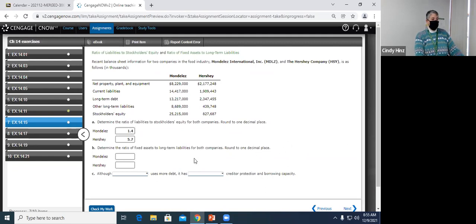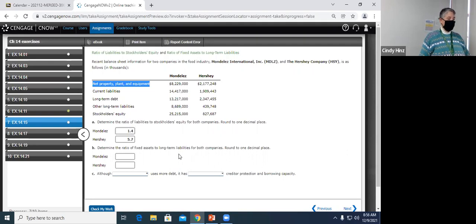Okay. So for our next part, part B, determine the ratio of fixed assets. So that's going to be our net property, plant, and equipment. We are familiar with, at this point, that term net means they've subtracted something from the total, and what they have subtracted from the total is the accumulated depreciation. So the net property, plant, and equipment is their fixed assets.